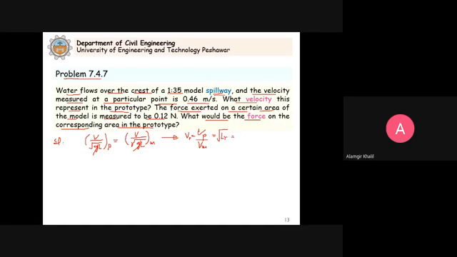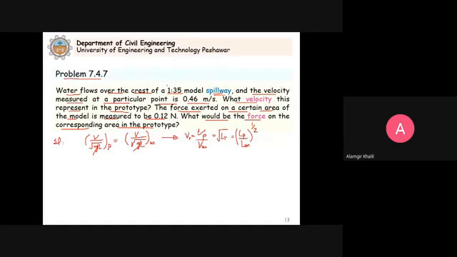And what is this Lr? This is actually the length scale ratio, Lp divided by Lm, and this can be written as power 1 by 2.